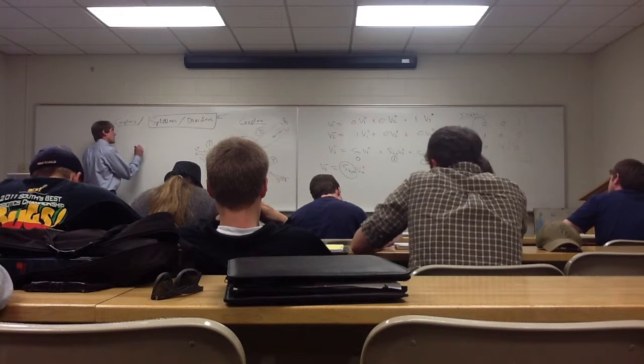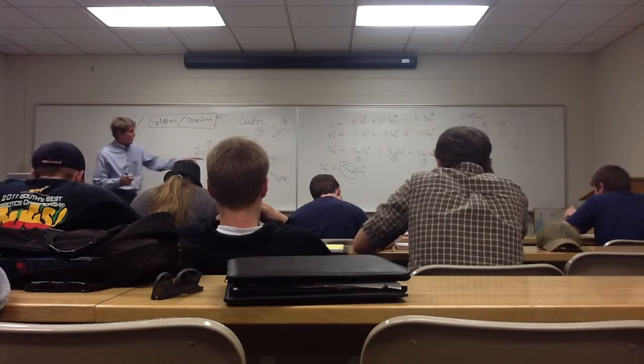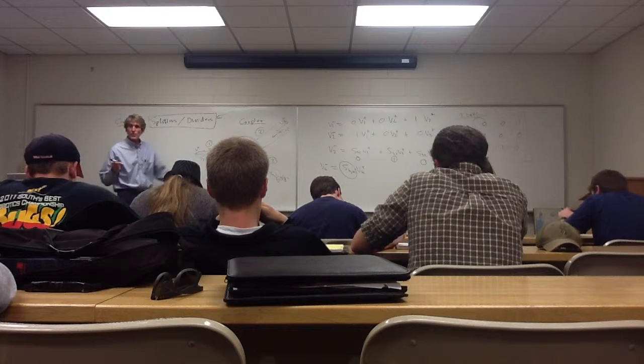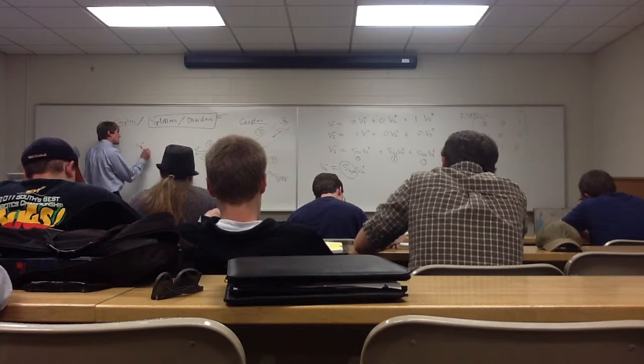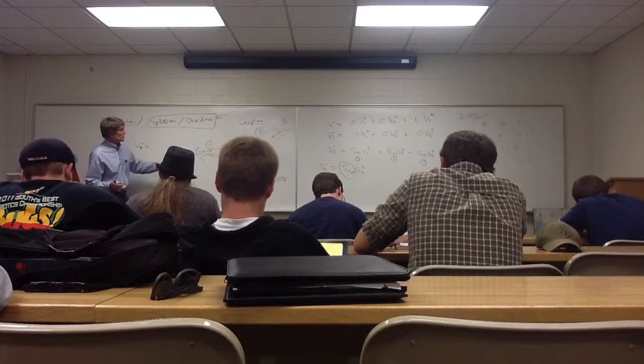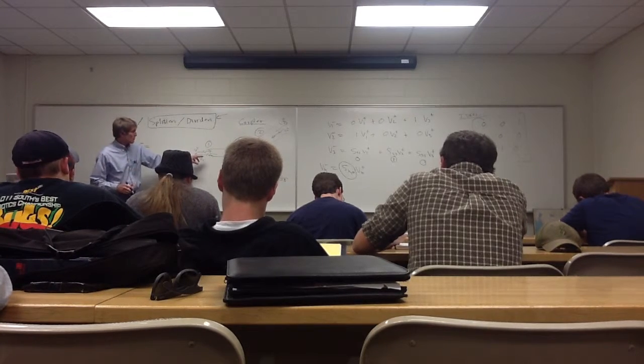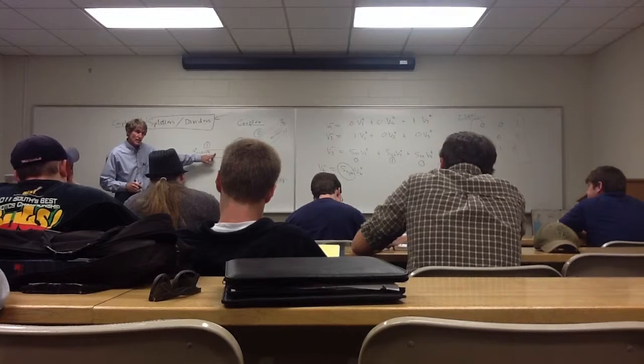Well, we want V, what port are we coming out? 3. Can everybody see it? Yeah, V3 minus. Now, where do we want the signal to get coupled from? From port 1, right?